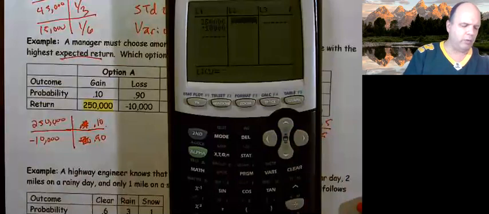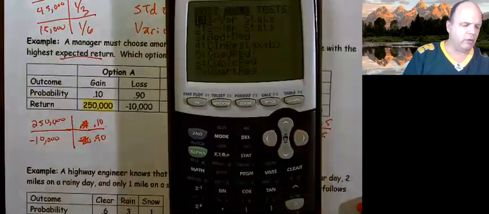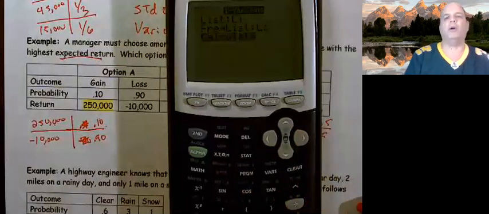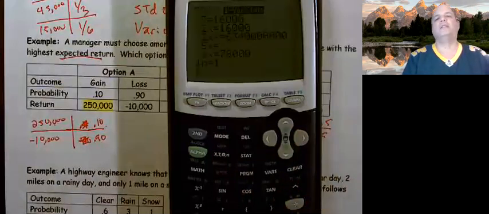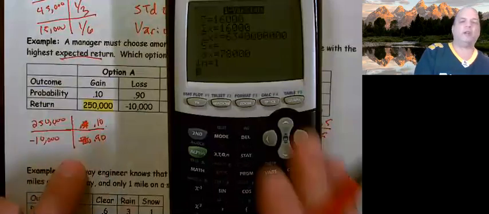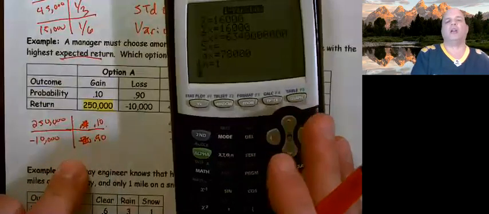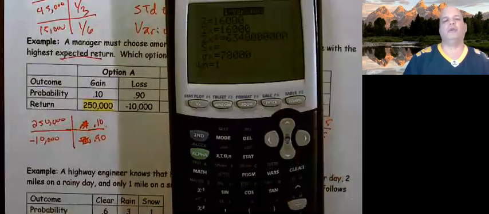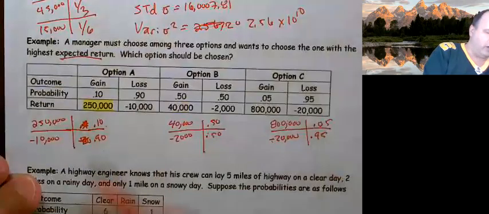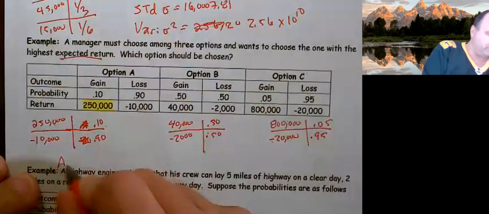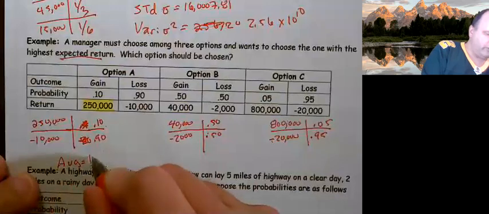And then we have 0.1 and 0.9. Stat, calc, one variable statistics. Already have the L1 and L2. So in this case, we expect to get $16,000. So if we did this over and over again, sometimes we're going to win 250, sometimes we're going to lose 10,000, but on average, it's 16,000.